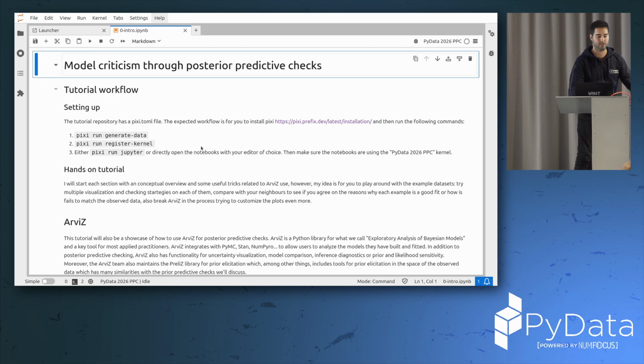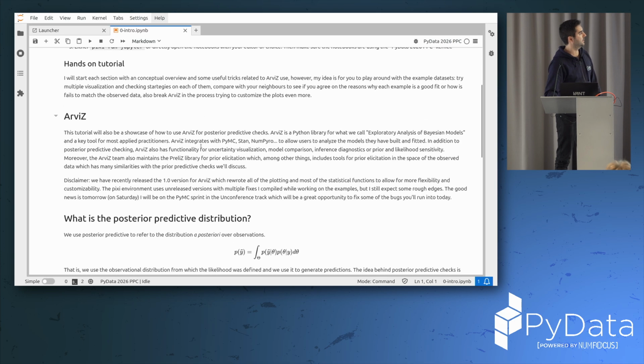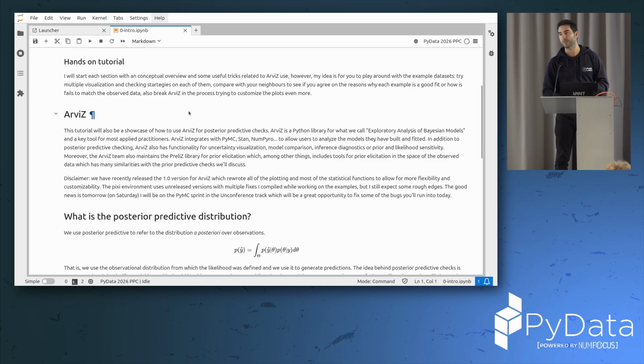Okay, so let's get started. As I said, we'll be focusing on posterior predictive checks. We'll be doing that with ArviZ, which is a library for what we call exploratory analysis of Bayesian models.